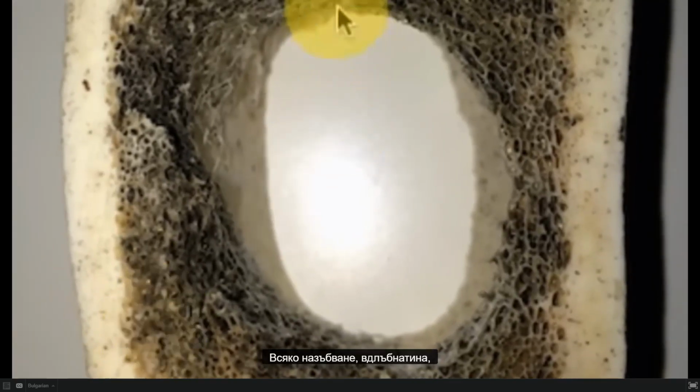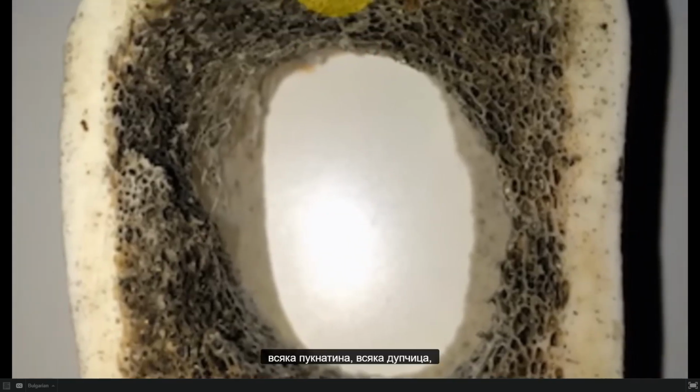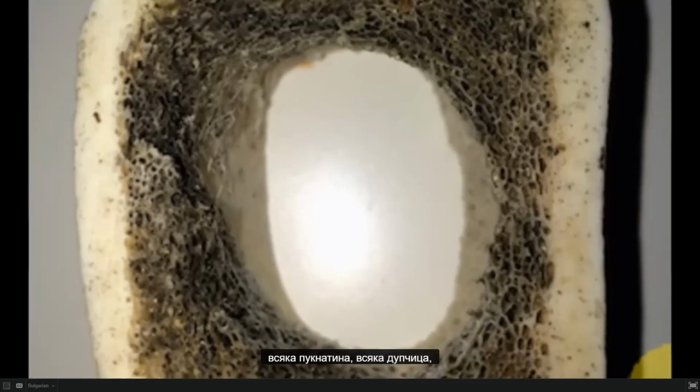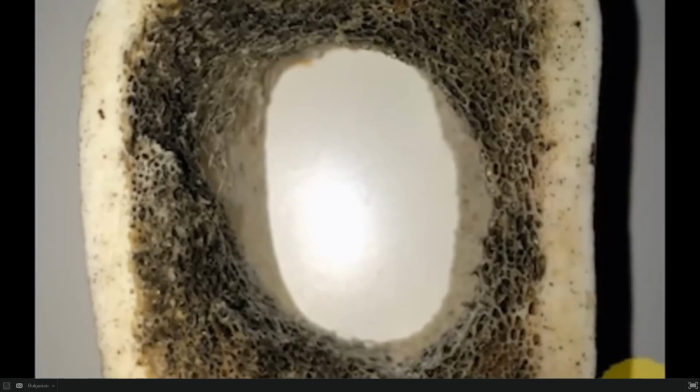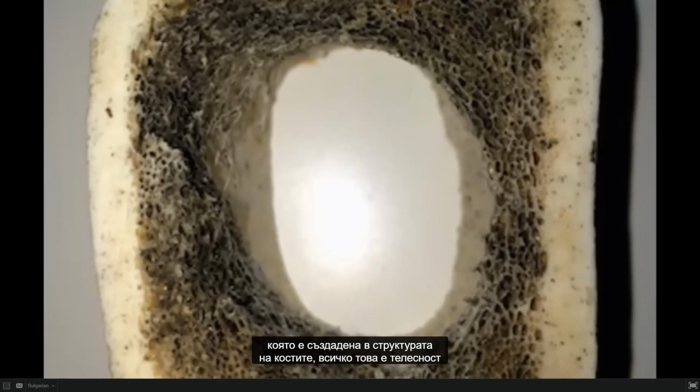Every dentation, every indentation, every crack, every hole which is made in any part or within the structure of the bone is total physicality, where the body in the brain has found or has preferred to be the easiest way to be done.